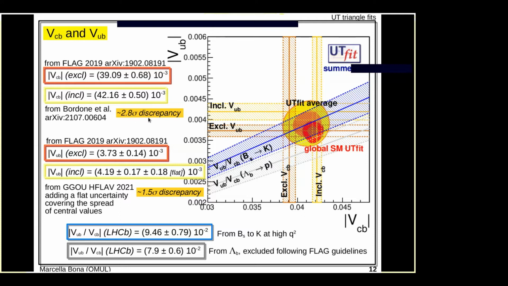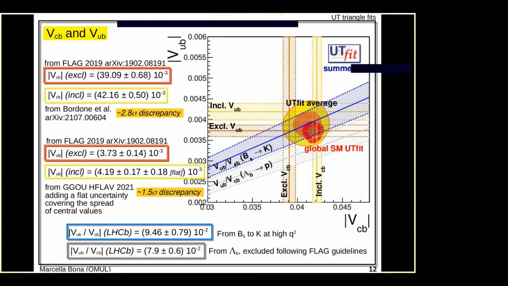And then this is the reference to the discrepancy between the inclusive and exclusive values, which can be visualized by the two bands here. So this is the V_cb band for the exclusive and for the inclusive, and you see this almost 3 sigma discrepancy here. And these are the two bands for V_ub, which used to be the biggest one. Now V_cb is the biggest discrepancy.